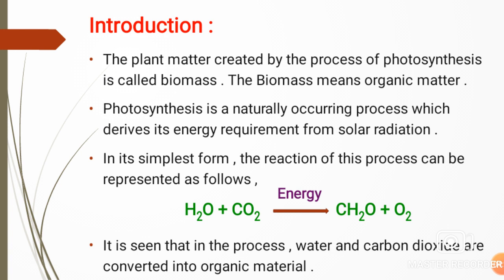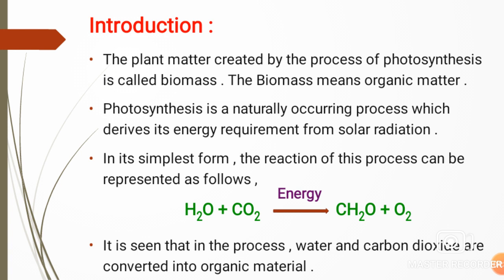So with that process we get the plant matter, that is plant material or organic matter. Biomass is nothing but organic matter. It contains fats, protein, starch, all these matter.